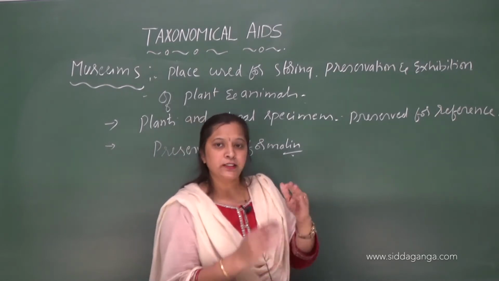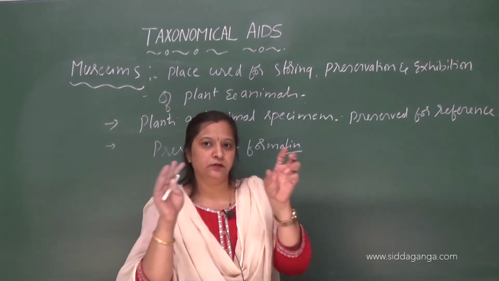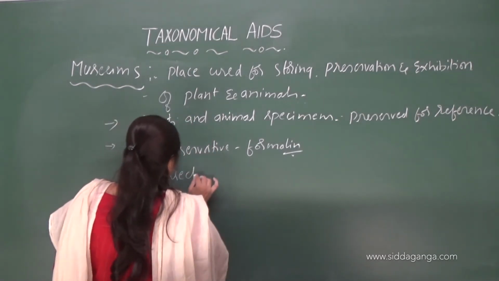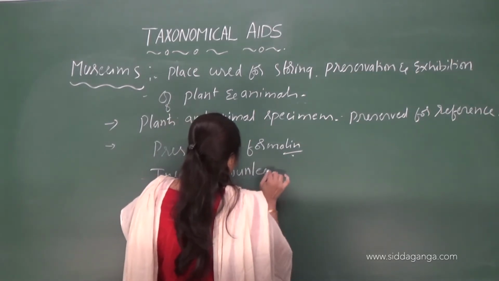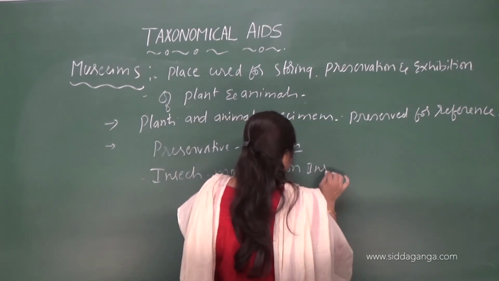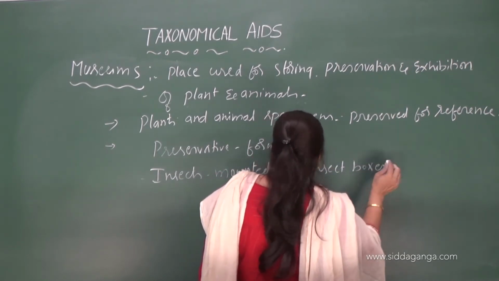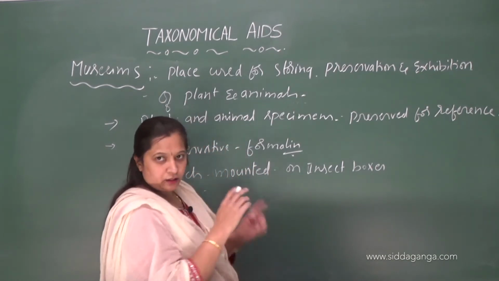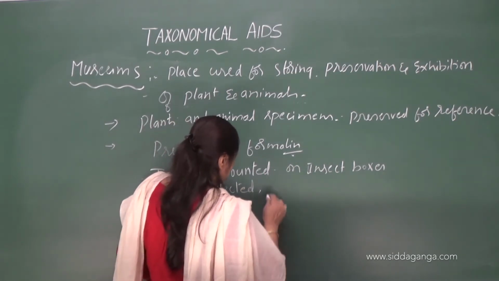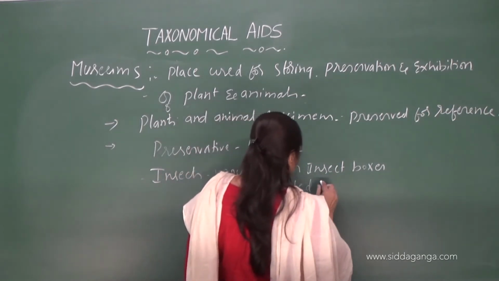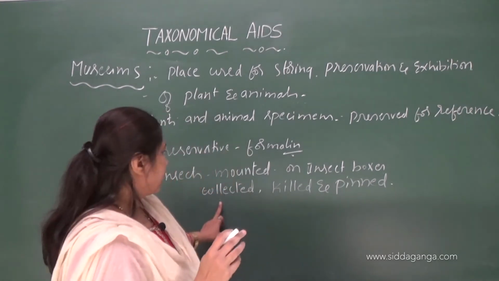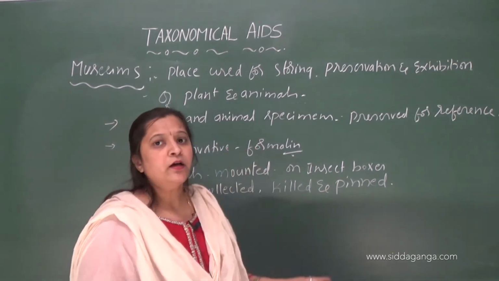Insects are first collected, killed, and pinned, and then they are mounted in insect boxes.